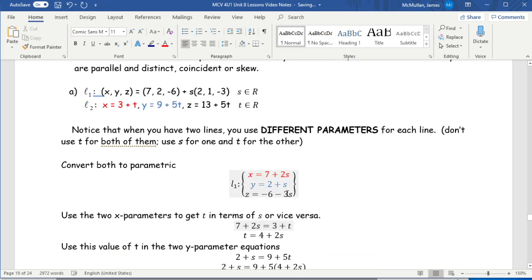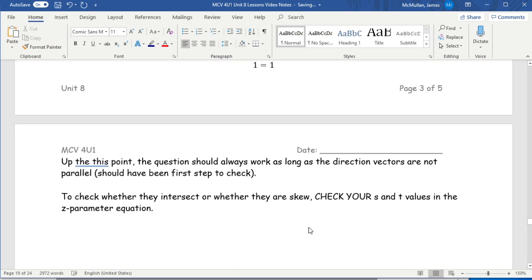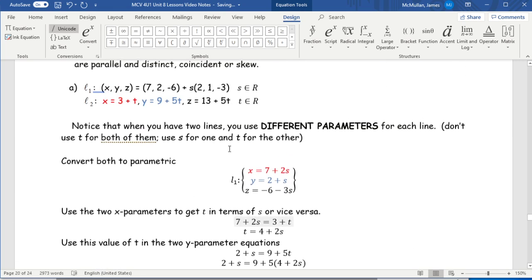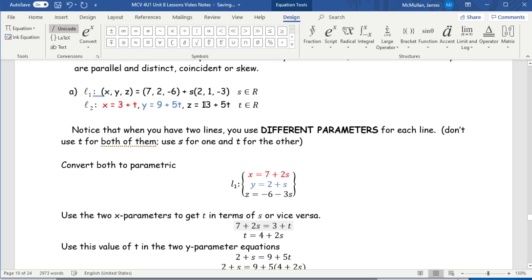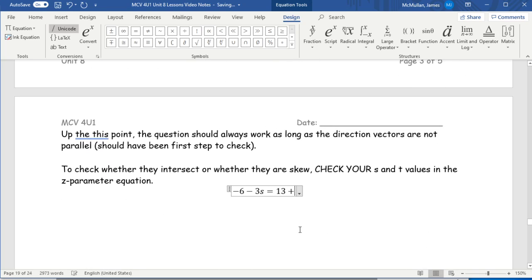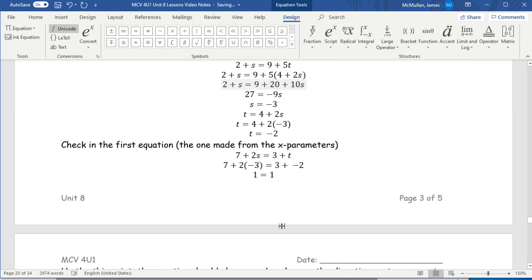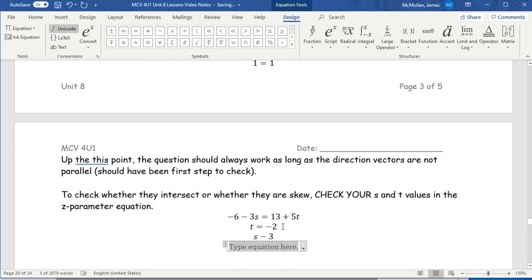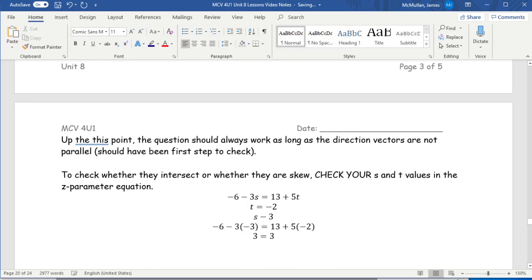My parametric equation for z was negative 6 take away 3s. The original parametric equation for z was 13 plus 5t. Now we know from working before that t has to be negative 2 and s has to be negative 3. So let's check. Negative 6 take away 3 times negative 3 is equal to 13 plus 5 times negative 2. On this side we get positive 3, on that side we get positive 3.